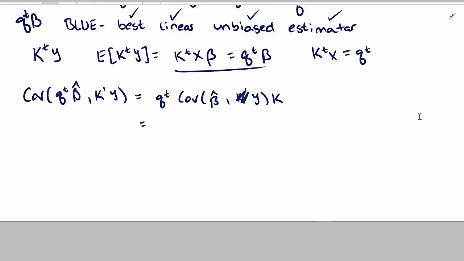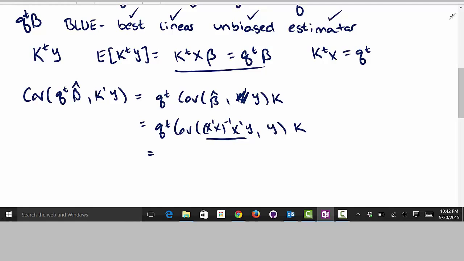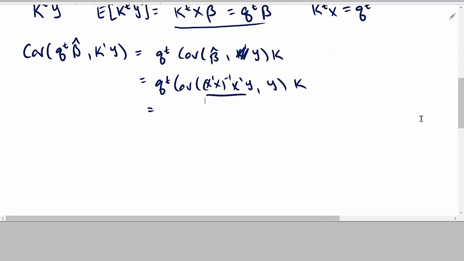Now, beta hat is X transpose X inverse X transpose Y, and we have Y there times K. So now we can pull out the X transpose X inverse X transpose part.